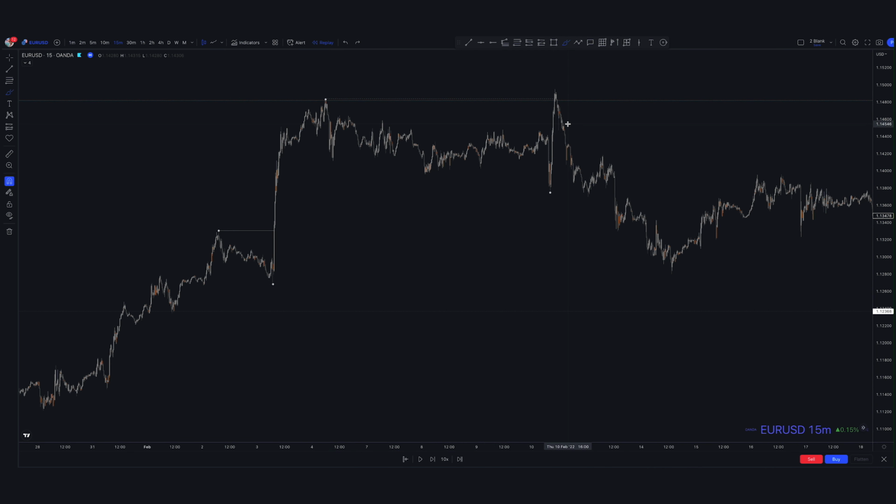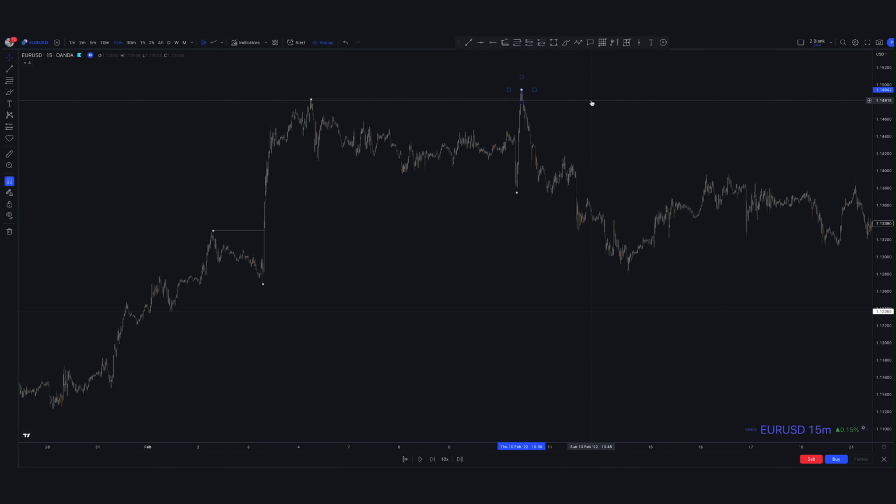This is what I want to teach you, and it is very important. Right here, this is the price on the 15-minute swing. It turned bullish here. This is very important to understand, because remember that this is the strong high on the daily.